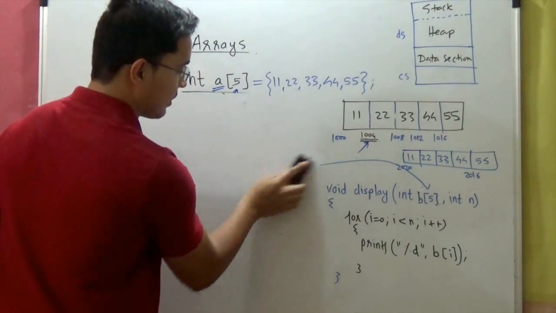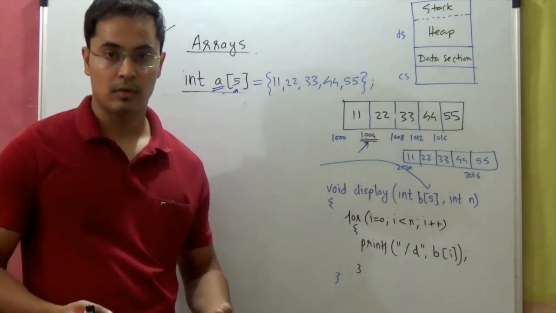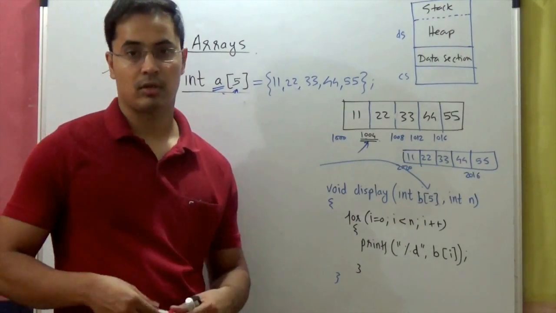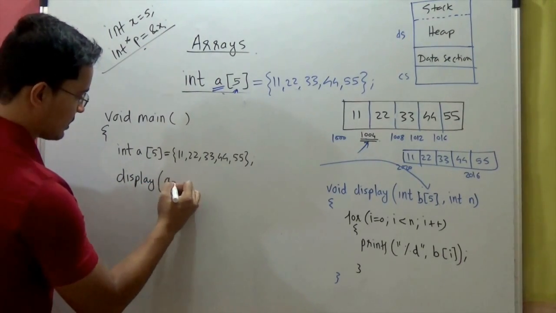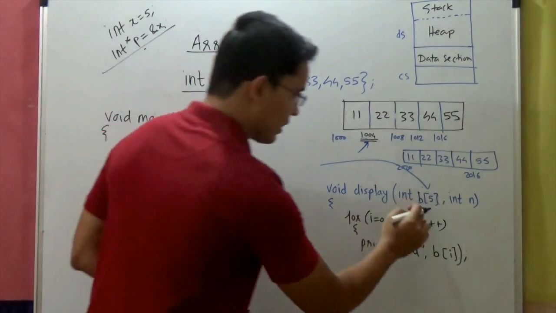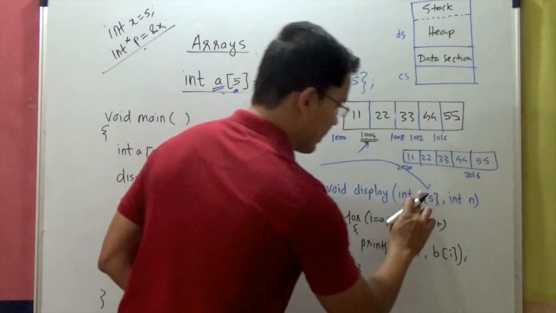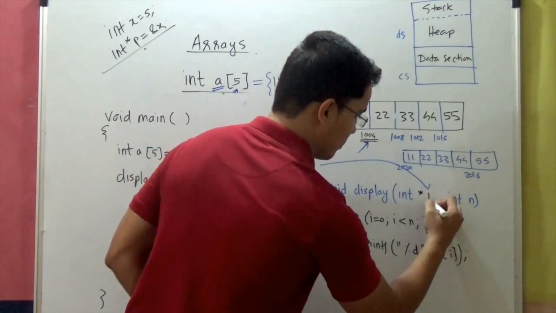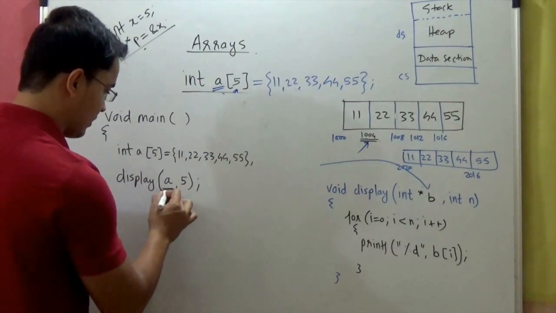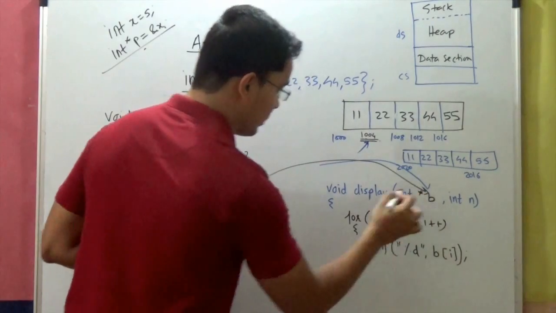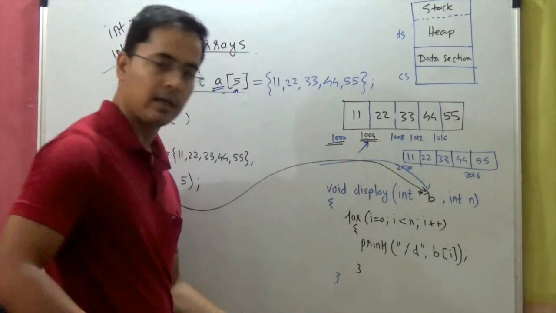Now we have a solution to our earlier problem. You remember we were passing the entire array to this display function by value and it was creating the copy, and we thought it's not a good solution. So now I'll call display again. Again, I'll pass the a and the size, but now instead of using pass by value, I'll use pass by address, and I'll say star b, right? I'll use a pointer. So this base address a will now be assigned to this pointer b. Because a gives us the base address, that is 1000, b will get the value 1000.